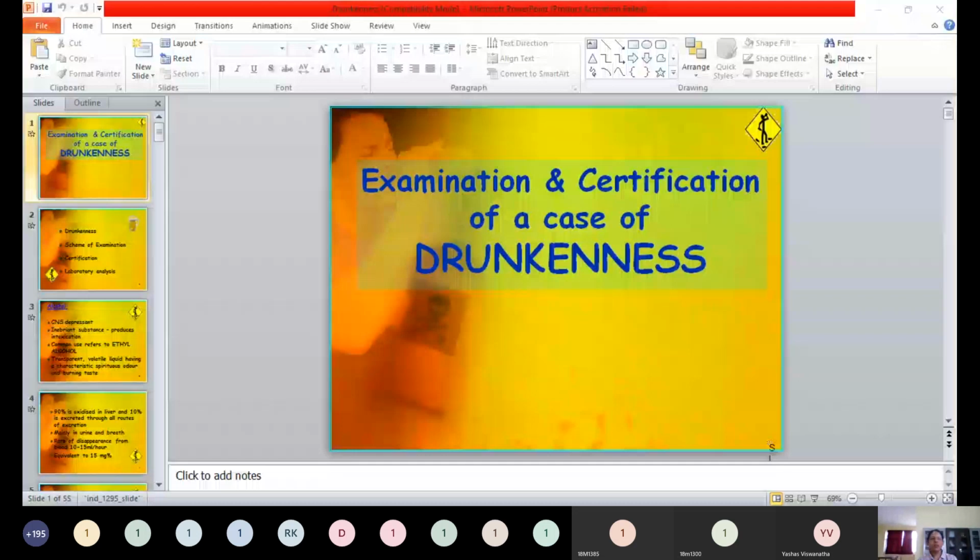For example, I told you drunken drive. If there is driving or any accident, you have to deal with that. Apart from that, you will have to deal with the drunkenness also. You will have to make sure that the person has consumed alcohol and is under the influence of alcohol. So for that, you will need to know the drunkenness examination and the certification.